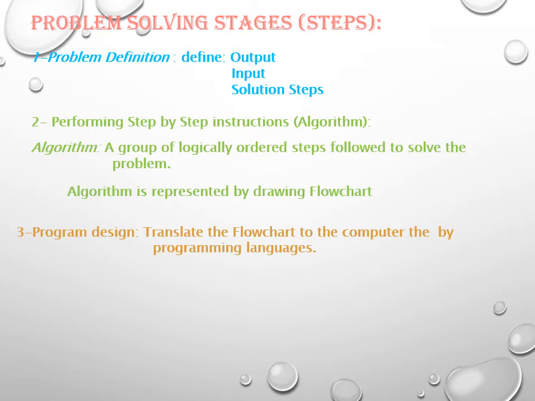Computer only understands machine language. Okay, so I have to use a programming language. This programming language will translate what I wrote to the machine language. So in the program design step, I translate the flowchart to the computer by using a programming language.